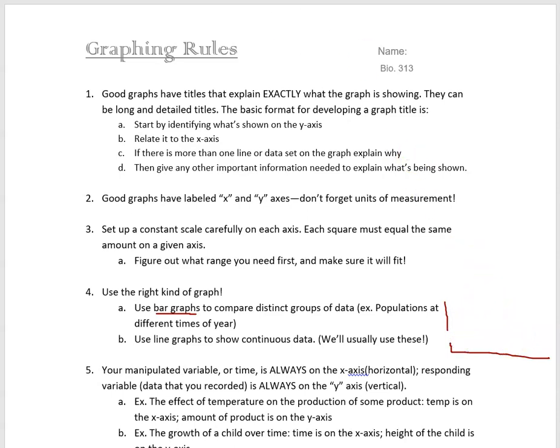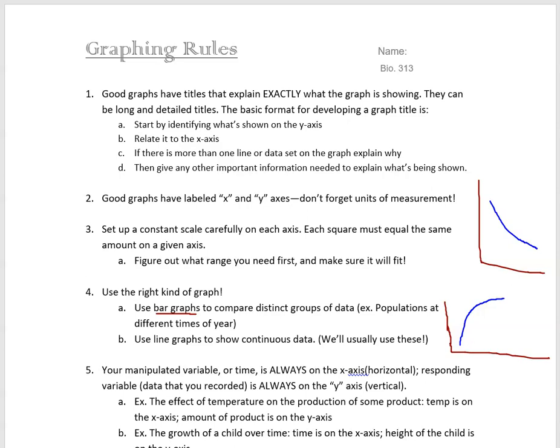Sometimes your graph might go up like this. And if you happen to switch your axes by accident, your graph will end up looking like this, which is really hard to tell the difference without knowing that you switched your axes.